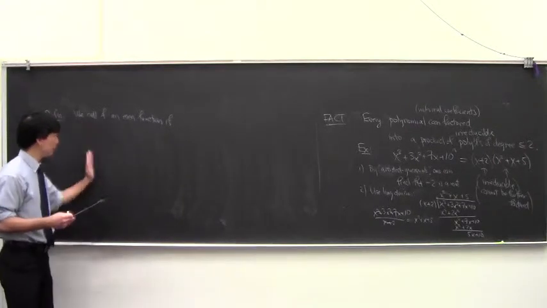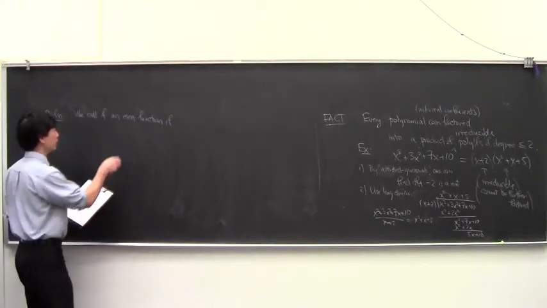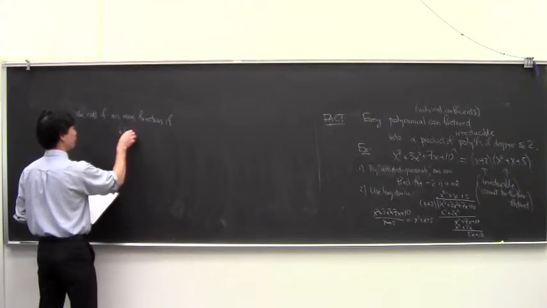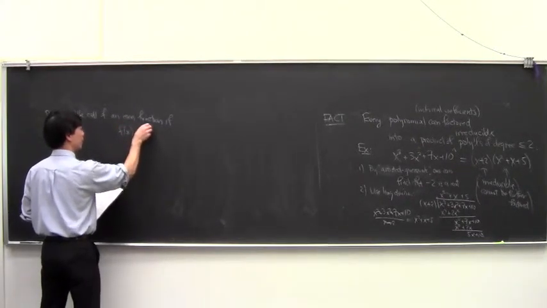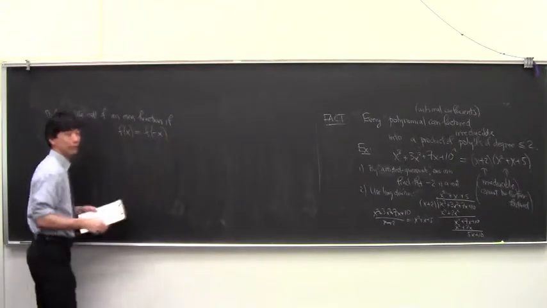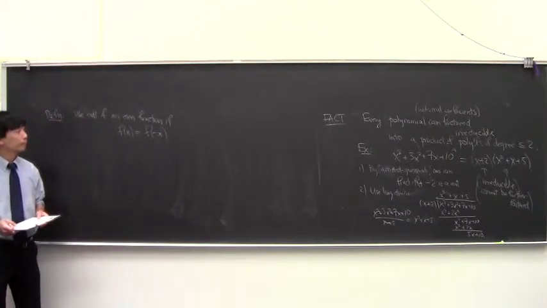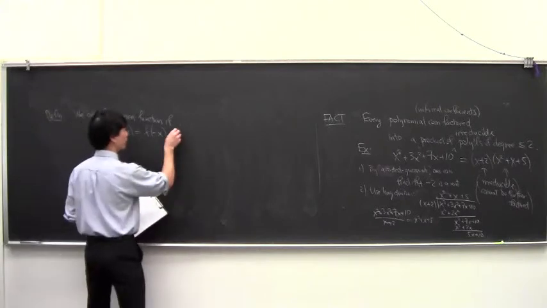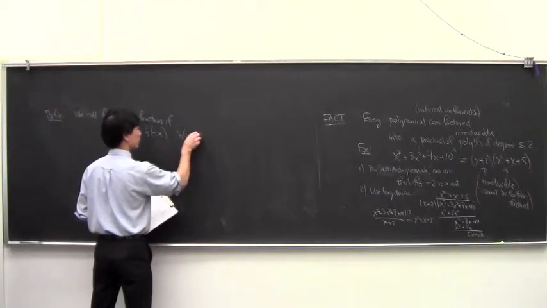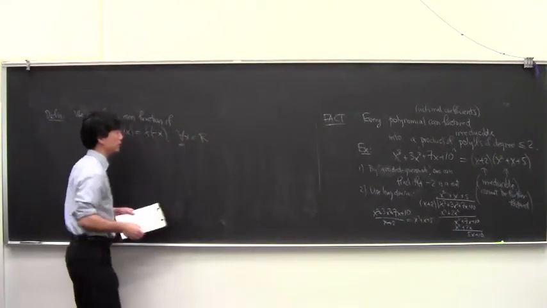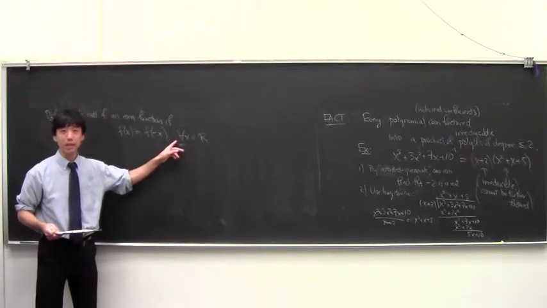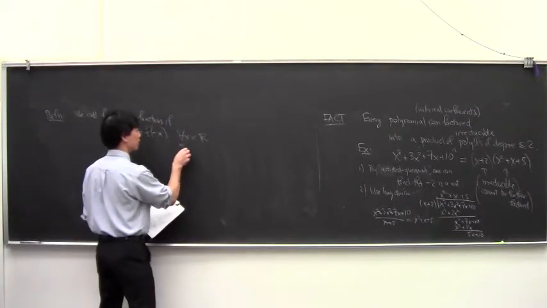Symmetric about the y-axis, right? In other words, the graph would have to be symmetric, so f of x and f of negative x would always be the same for all x. And I'll introduce this notation: the upside down A means for all.